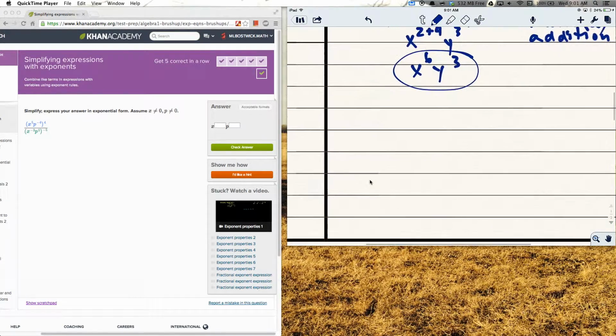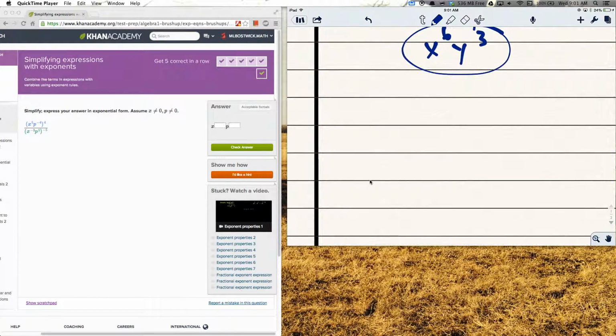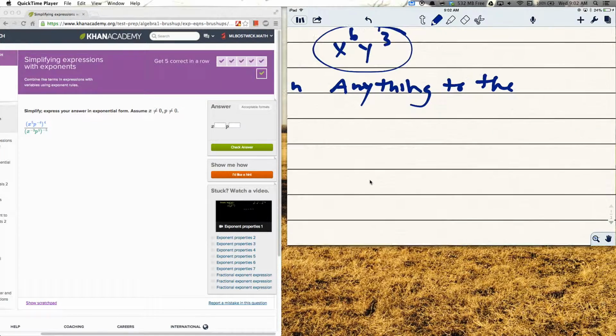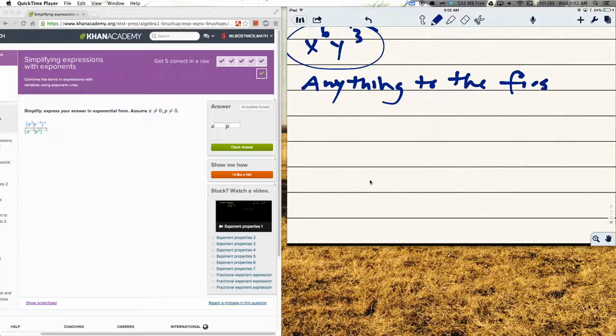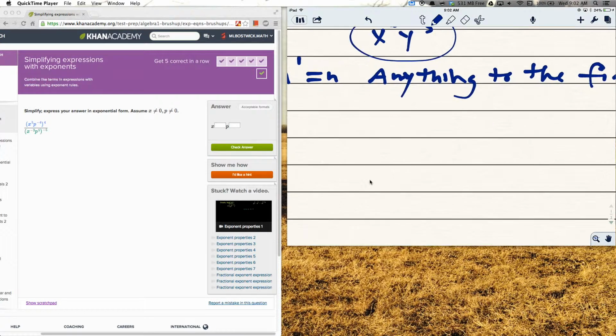I'm going to talk about two other things to remember here. I'm going to write n to the 1 equals n. And the way I can put that is anything to the first power is itself.